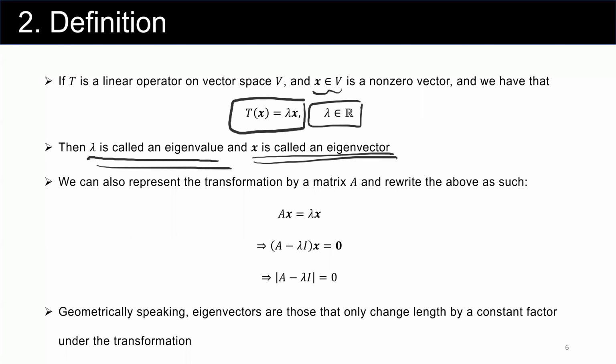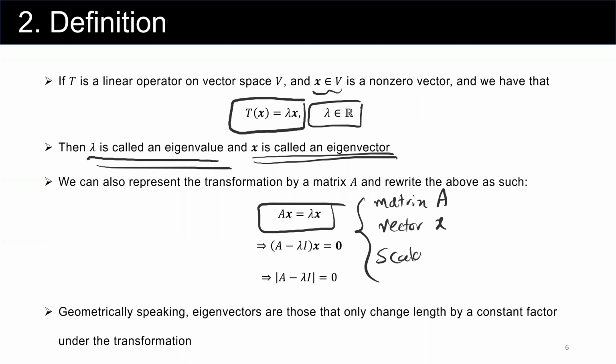We can represent our transformation by a matrix A and rewrite the above transformation as below. So we have matrix A, vector x, and a scalar lambda.